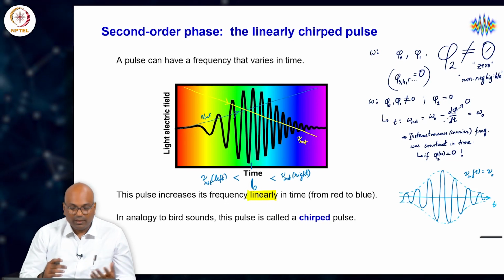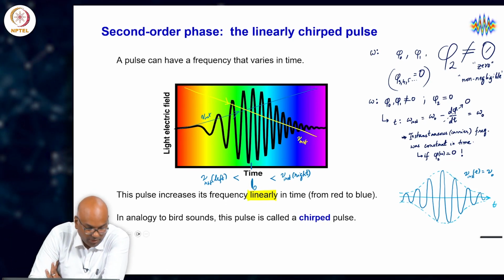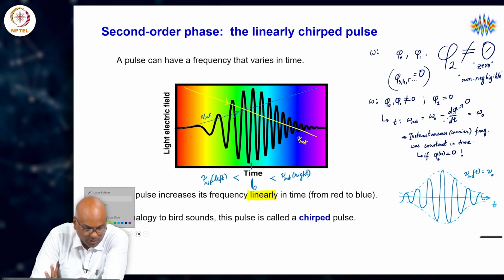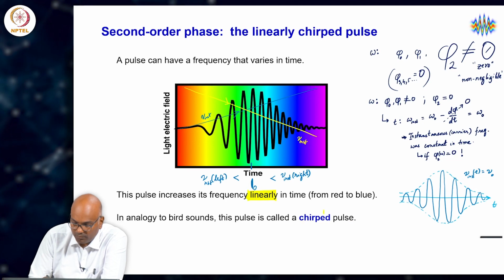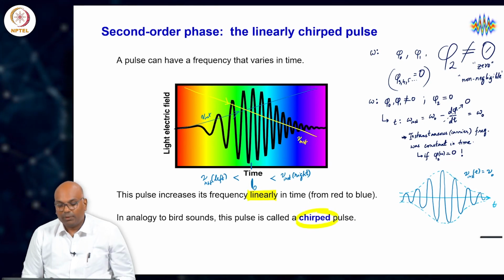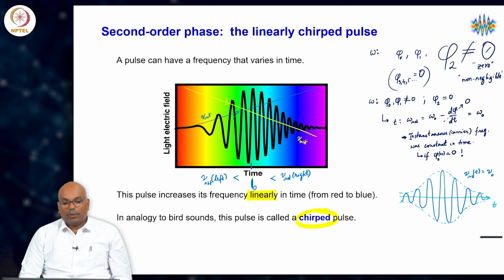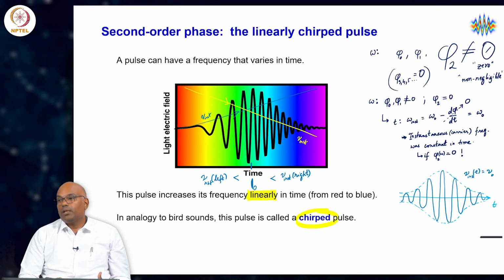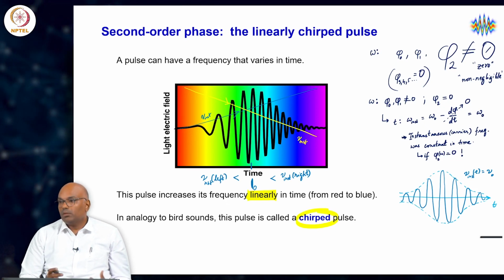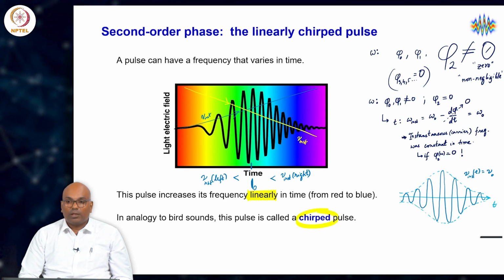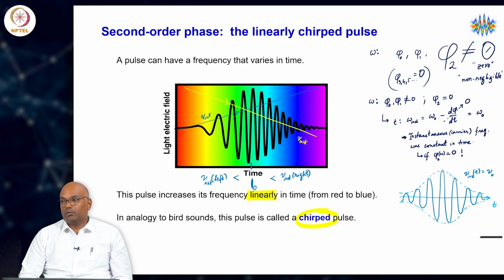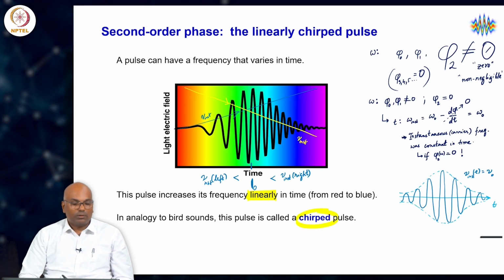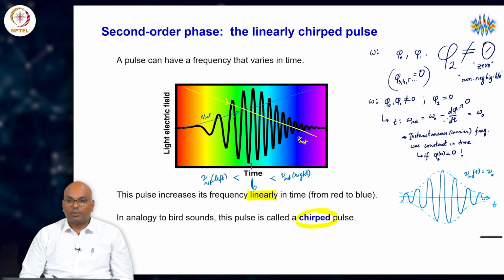So, in either case, the linear variation of the instantaneous frequency with time is called chirping, and a pulse where this happens, which invariably happens to most laboratory produced pulses, these pulses are chirped. Why chirp? Why the adjective chirp?